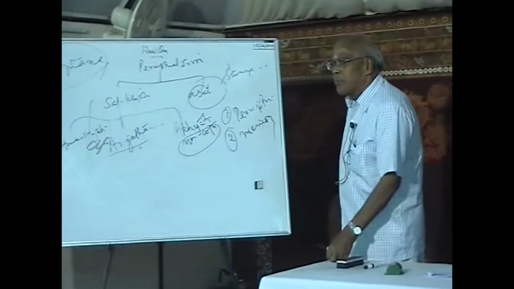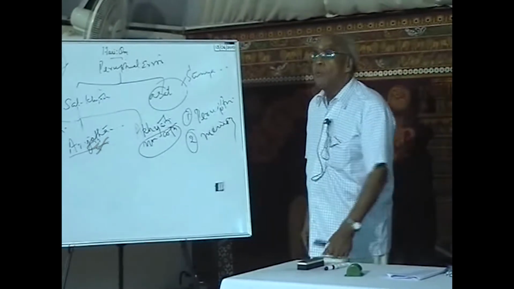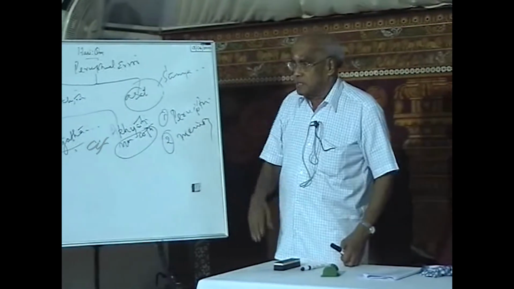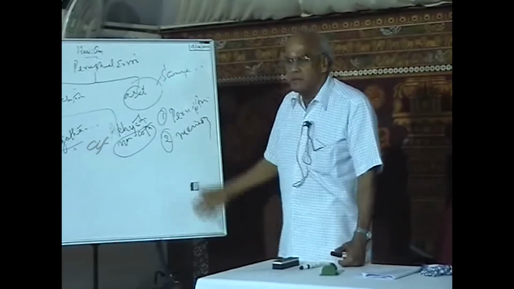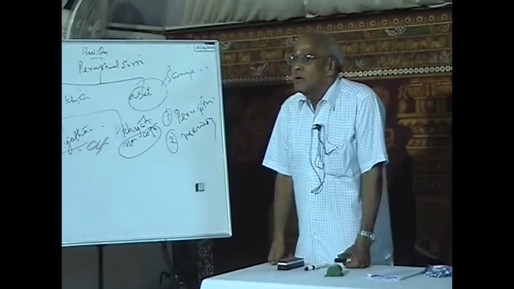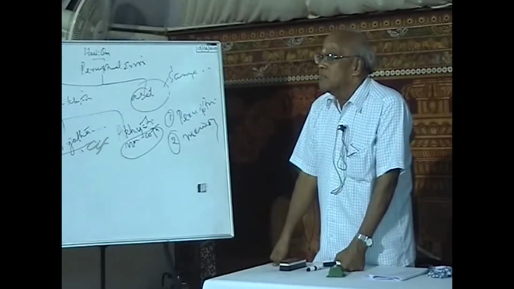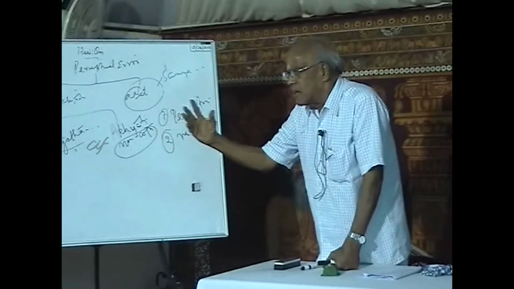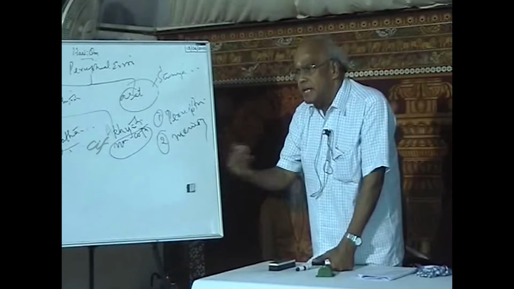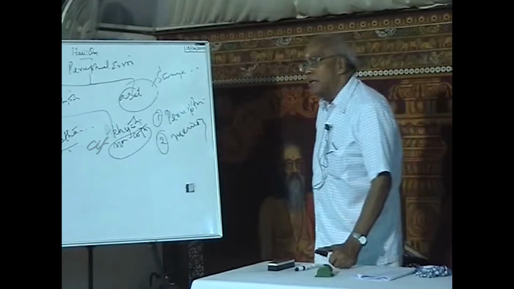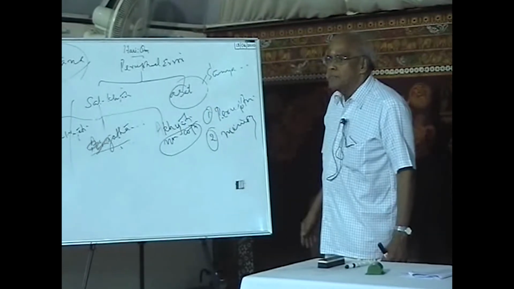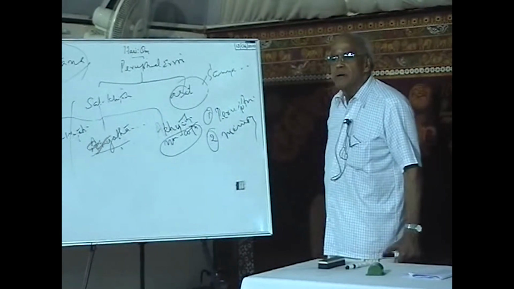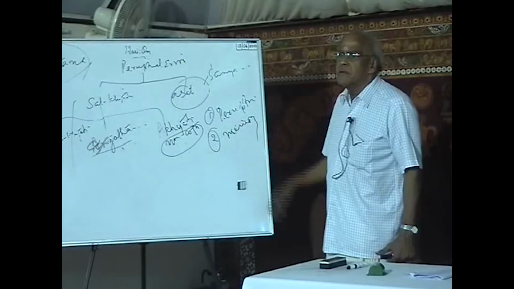So, there is no error in the positive sense of the term. In the perceptual problem that we are discussing, the Prabhakaras say, there is no positive error. There is only a case of omission. Omission in both the cases. Double omission. Perception is incomplete. Memory also is incomplete.